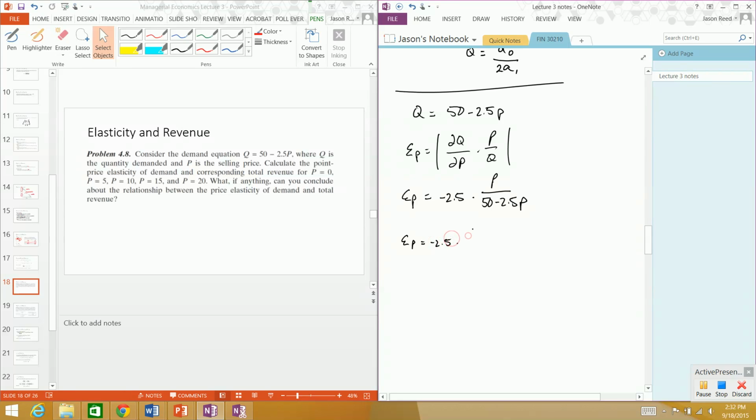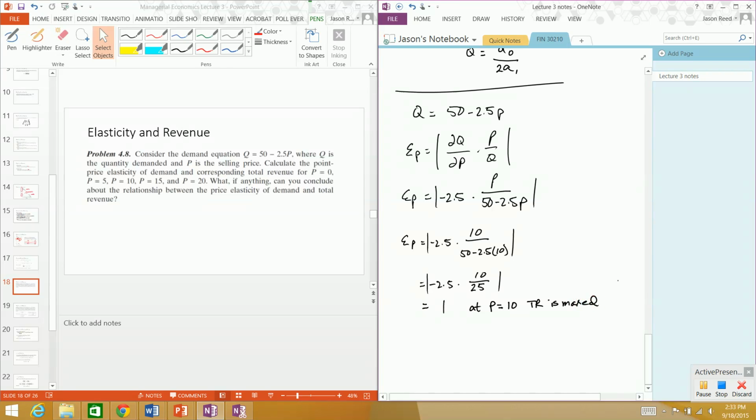Then our formula works out to negative 2.5 times 10 over 50 minus 2.5 times 10, which is over 25. If we're taking the absolute value, we should get 1. So right away we know that this should have the highest revenue. At price P equal to 10, total revenue is maxed.